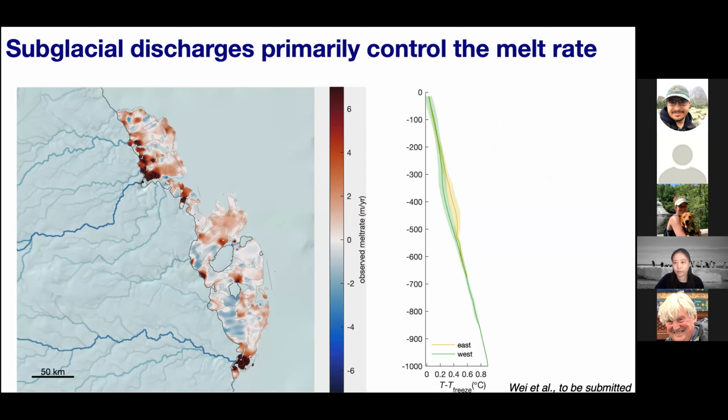Subglacial discharge explains the bump in the depth average melt rates below that 600-meter depth. And this is also supported by the relatively linear increase in the thermal forcing profile as a function of depth. And with that, it couldn't create a distinct bump in melt rate at a given depth.